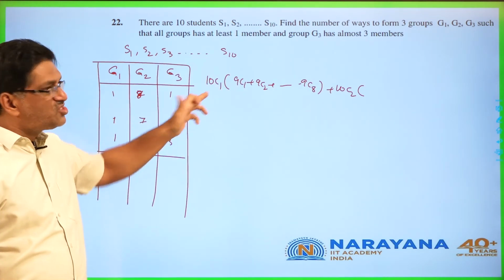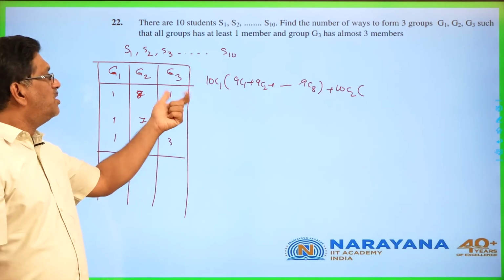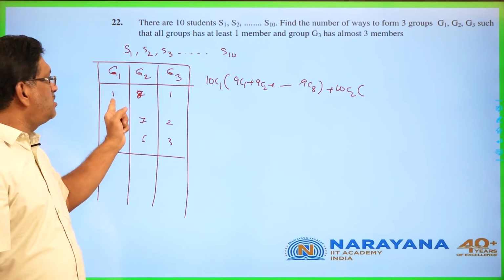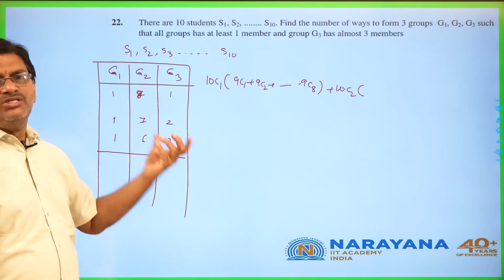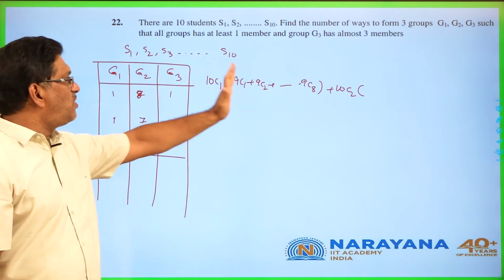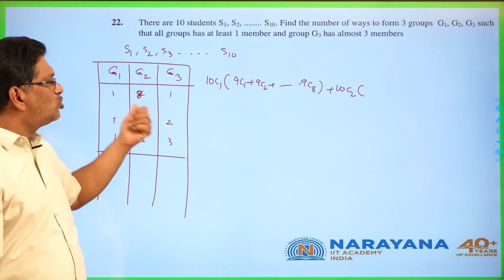This 10C1 stands for selecting one person for the third group. Then 9C1 selects one person from the 9 for group 1. Automatically all the remaining 8 have to go to G2, no other way. In the similar manner, 9C2 for G1 and all the remaining 6 members go to the other group.